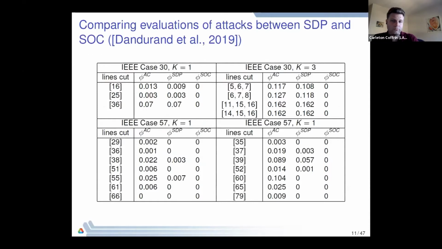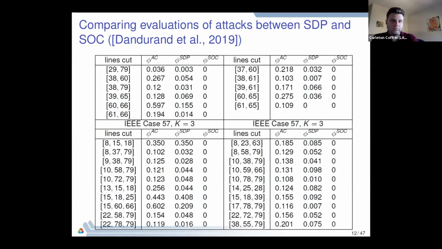These are just some examples from another related paper that is under second review, where we see that the SOC model often evaluates the contingency as 0, whereas when using tighter relaxations of the lower level problem, we get non-zero. So these contingencies are substantial. And we see that trend increase as the budget increases.